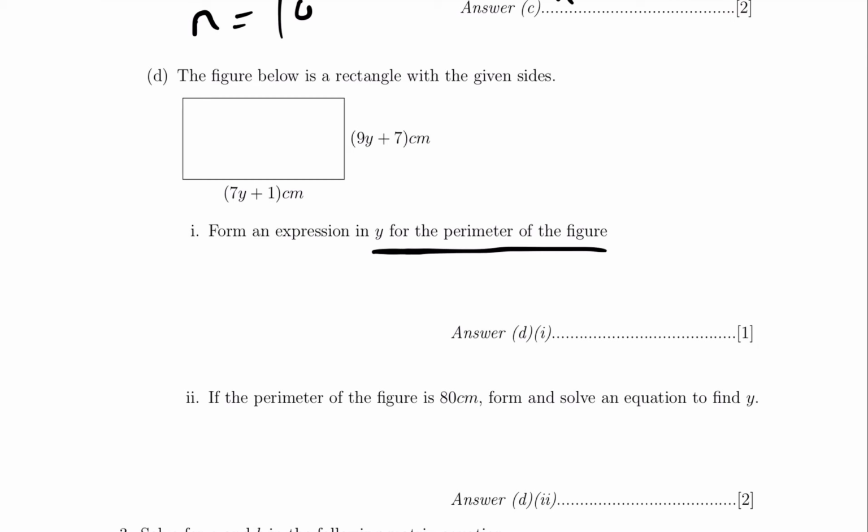Properties of a rectangle, we know that the opposite sides should be equal. So if here we have 7y plus 1 centimeter, it means also here this side will also be 7y plus 1.